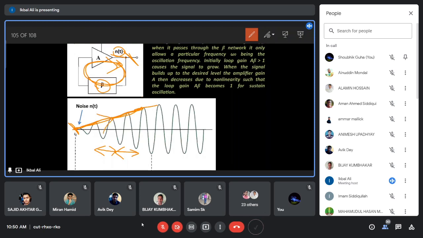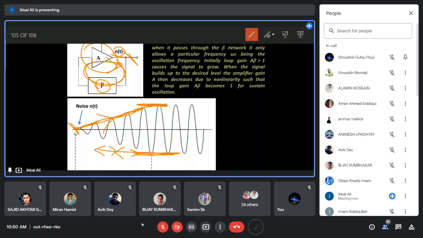But when the signal reaches a very high value, at that high value this amplifier will become a nonlinear one. If the signal at the input of the amplifier is very high, it will restrict the signal growing. The nonlinearity of the amplifier will cut the signal growing.